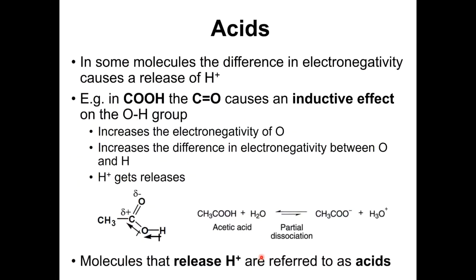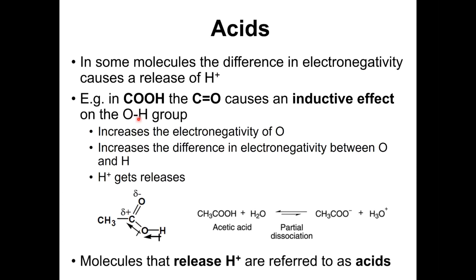This is induced by molecules that reduce the concentration of protons, called bases. Talking about acids and bases. When it comes to acids, we're talking about molecules that, because of a high difference in electronegativity between one element, oxygen in this case, and hydrogen, tend to release protons, or hydrogen ions, or hydronium ions.